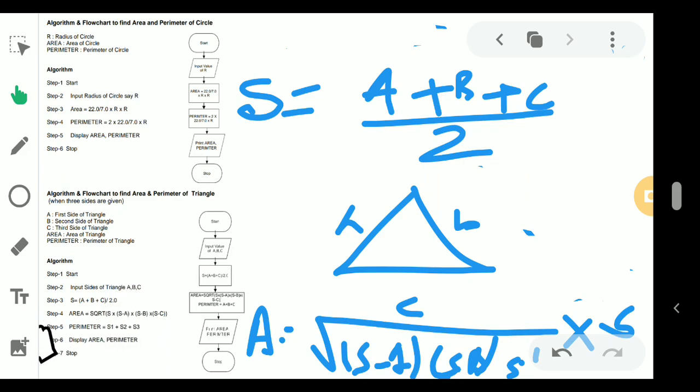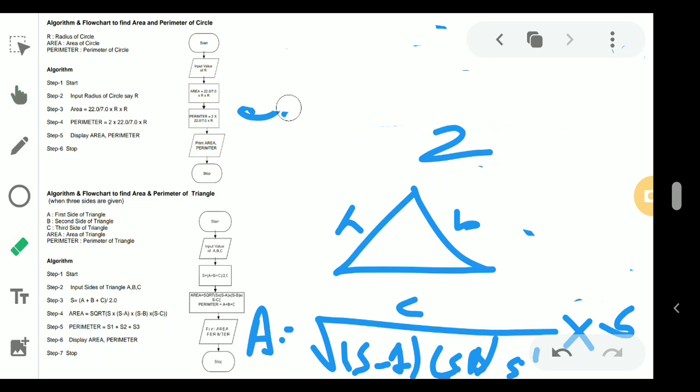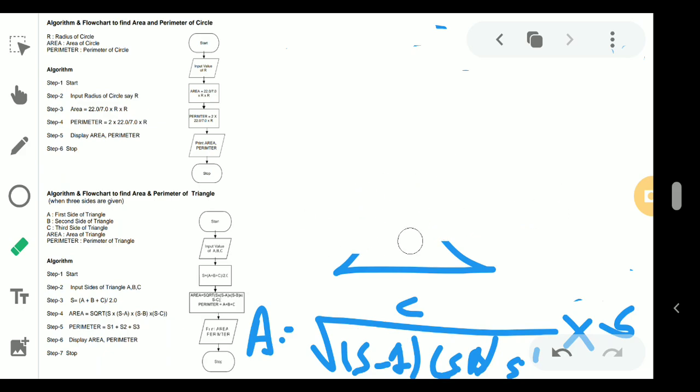Then we find the area, the square root of S into S minus A into S minus B into S minus C. The perimeter is the sum of A plus B plus C, all three sides. Then we display the area and perimeter values. I hope the algorithm is clear.